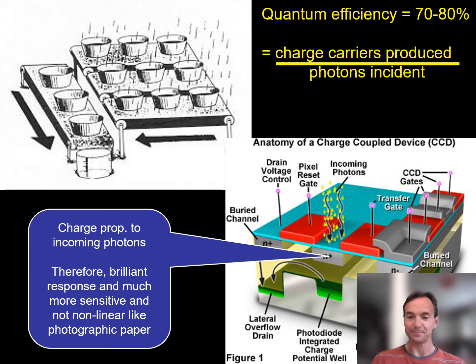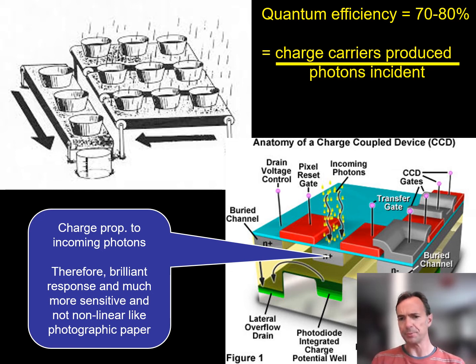The key to this is quantum efficiency. Now, quantum efficiency is how many charge carriers, usually electrons, are produced compared to how many photons, particles of light, come in from space. So if you've got a very high percentage, that means you've got lots of electrons being produced for lots of photons, which is good.